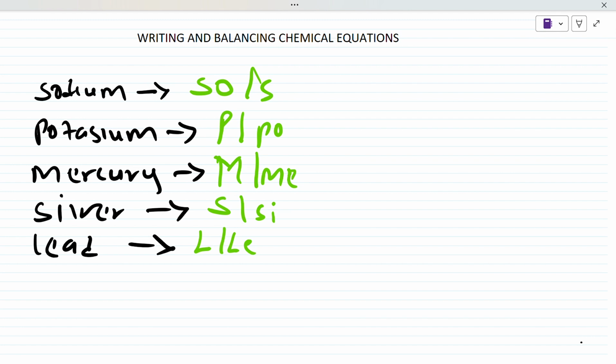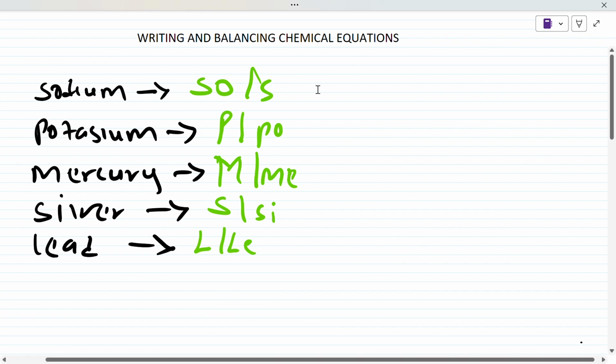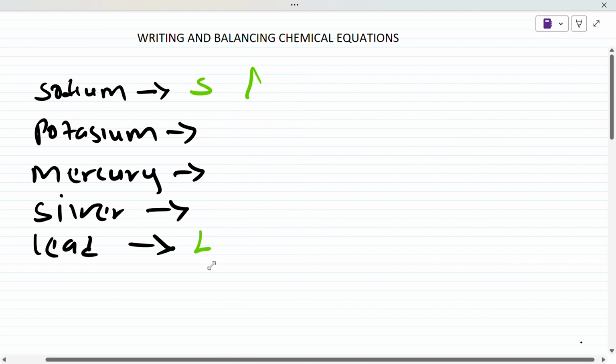Certain elements in the periodic table have symbols that were derived from the first or second letters of their Latin names. So that's something that I want you to understand as students.